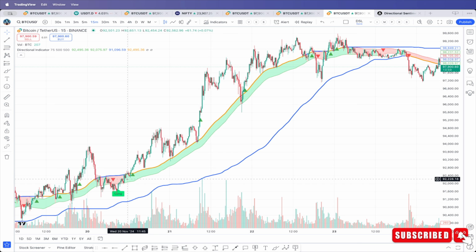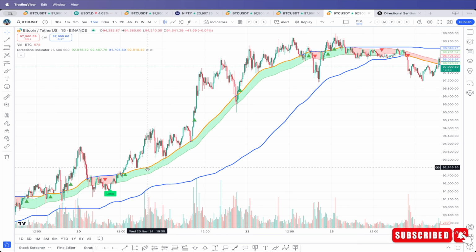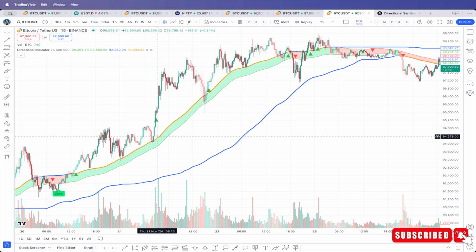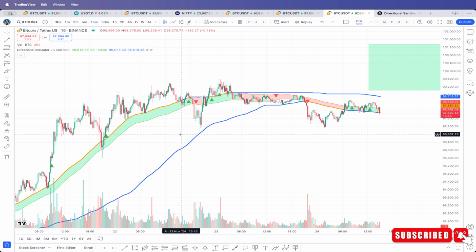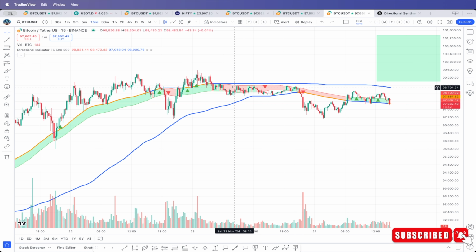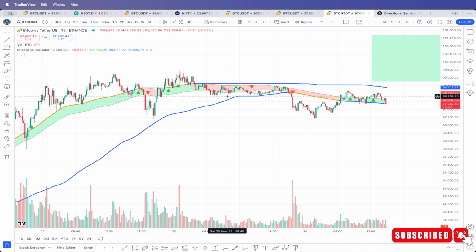When price is above this area, it becomes green, and price is bullish whenever it is above this line. And when price comes down below this line, it becomes red, and it shows the minimum low within the range, signaling potential support or breakdown points.